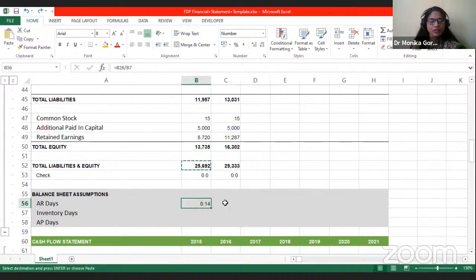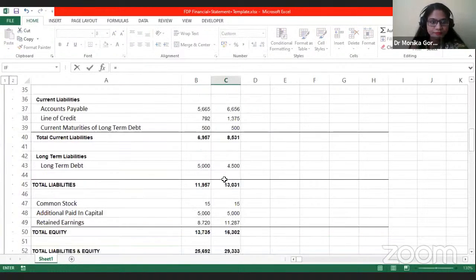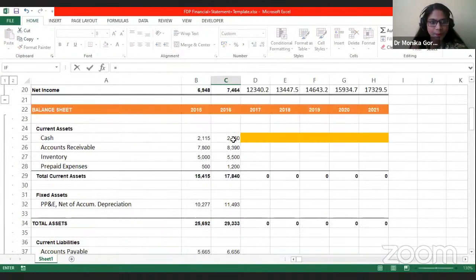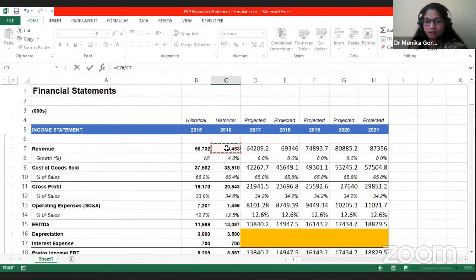Just a second, it is not taking the formula. Accounts receivable divided by your actual revenues.